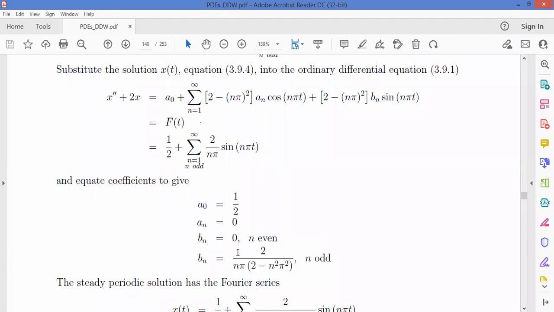Okay. So this is what I was saying, that for bn, remember this is a sine. So if this is a sine, then it would imply that the generic term of the coefficient, this 2 over n pi, is a bn.